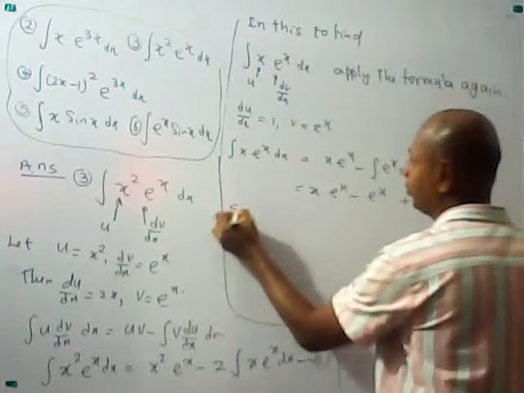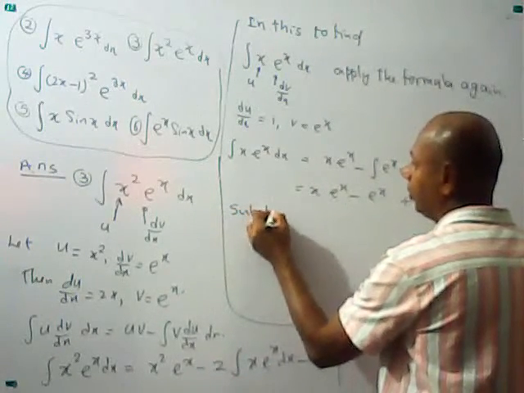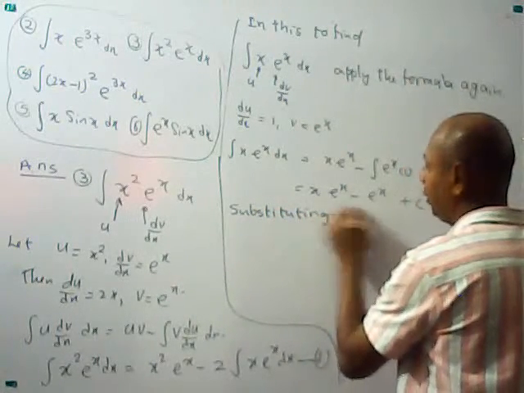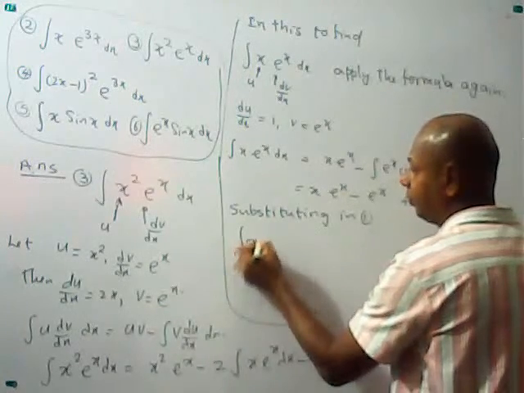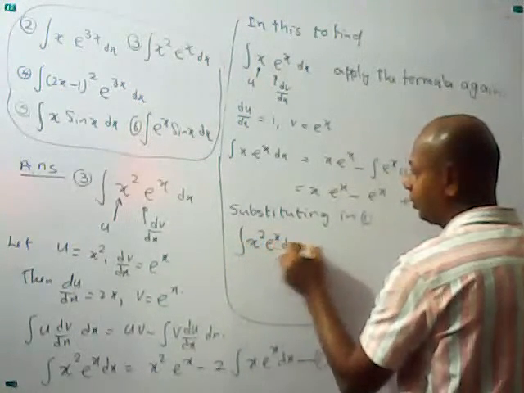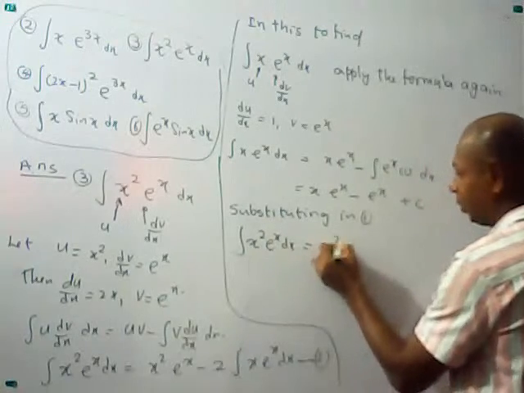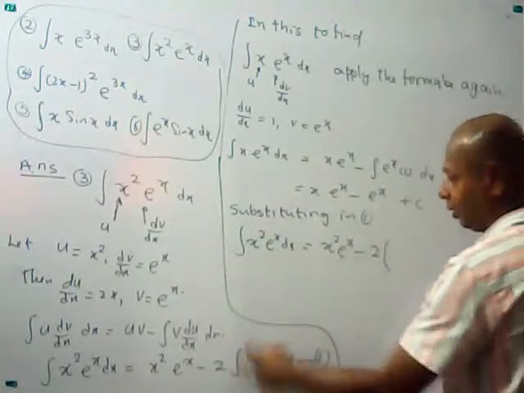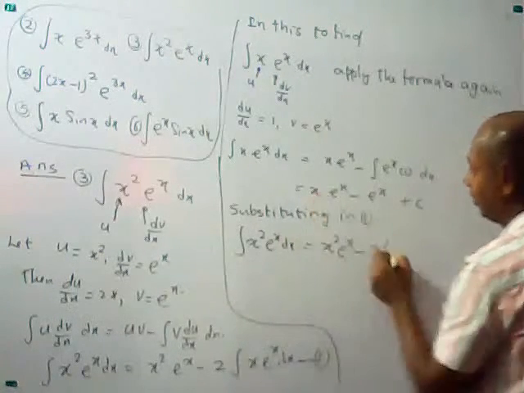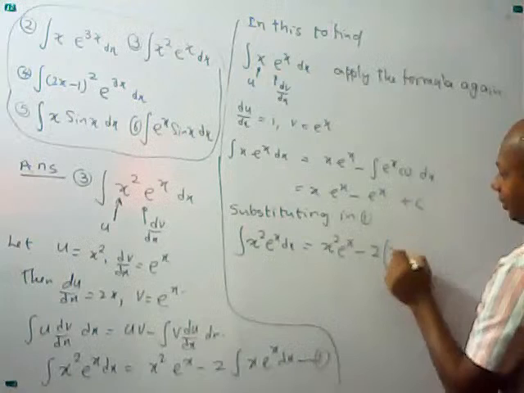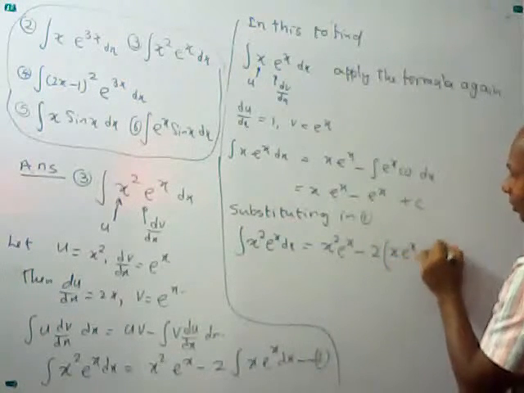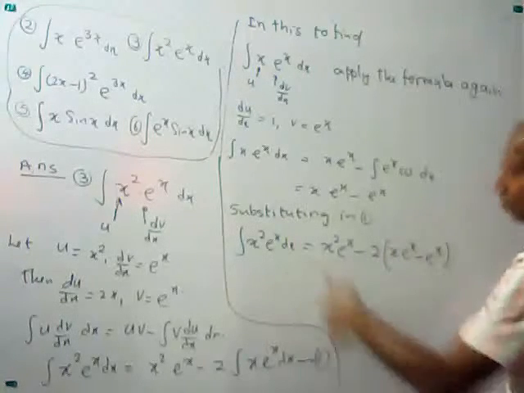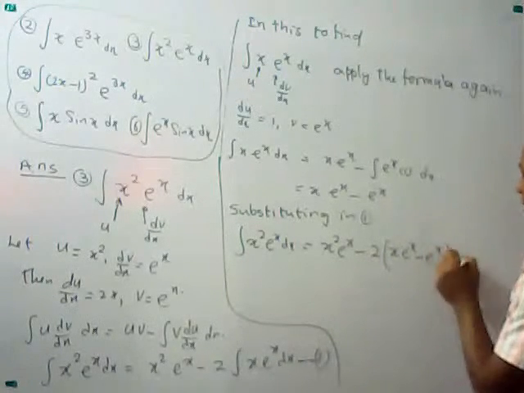Substituting in 1, you get the integral of x squared e^x dx equals x squared e^x minus 2 times this part we found separately, that's x e^x minus e^x.